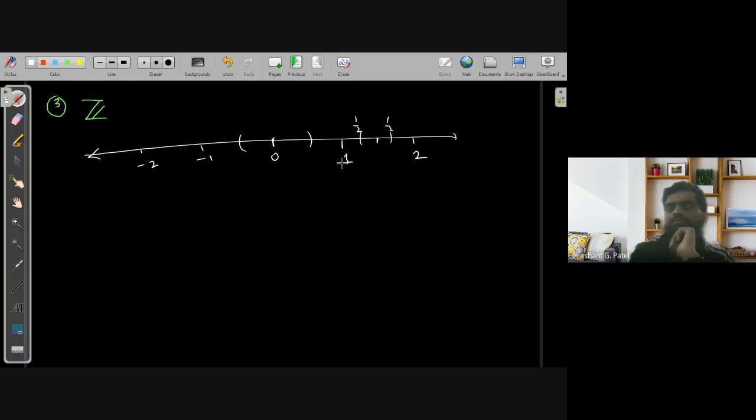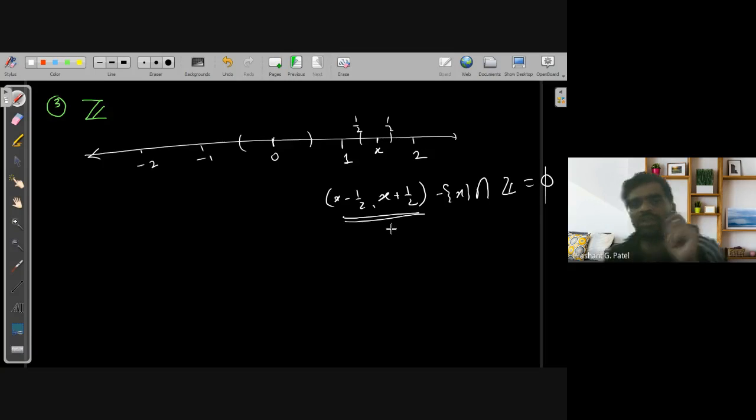So the interval x minus 1 by 2 to x plus 1 by 2, minus x, has empty intersection with Z. This interval never contains any integer if x is not an integer.